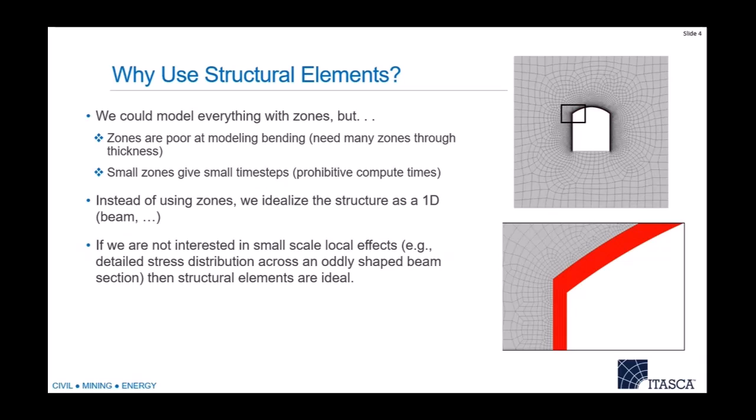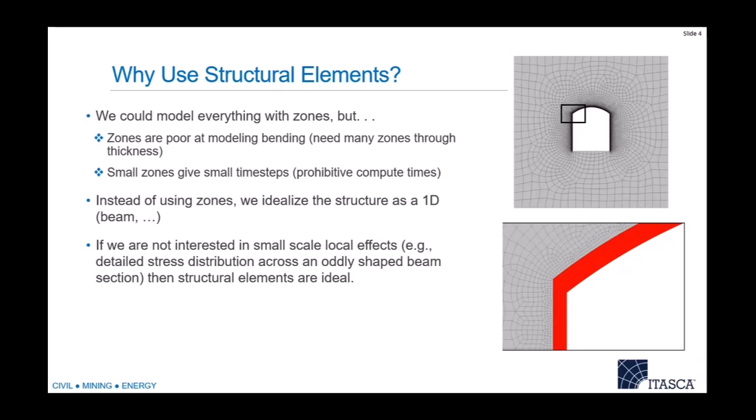Okay, so the motivation for structural elements. Basically, this is what it boils down to. We really don't absolutely need structural elements in the code. What you can do is model every single thing with zones. So take this tunnel, for example. It might be a little hard to see there, but if you look closely, I actually generated a shotcrete liner or something.